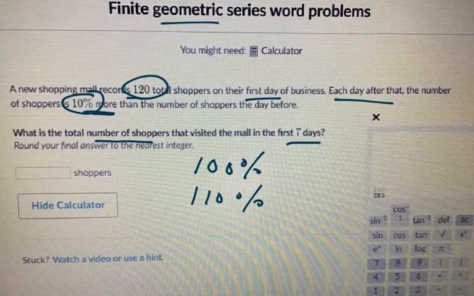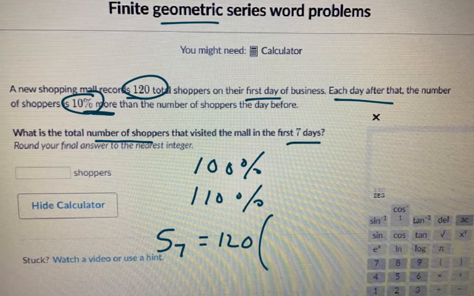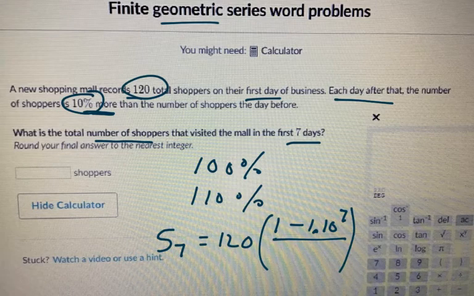So, how do we find geometric? Well, the formula goes like this. S sub, in this case 7, is going to equal whatever our first number was, a sub 1, which in our case actually is 120, times, and this is a crazy looking ratio, 1 minus our ratio, which in our case is 1.10 to the 7th power, divided by 1 minus the 1.10.